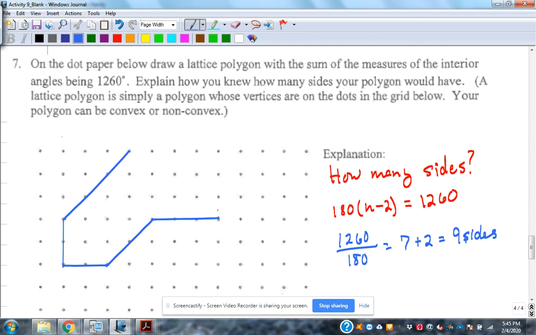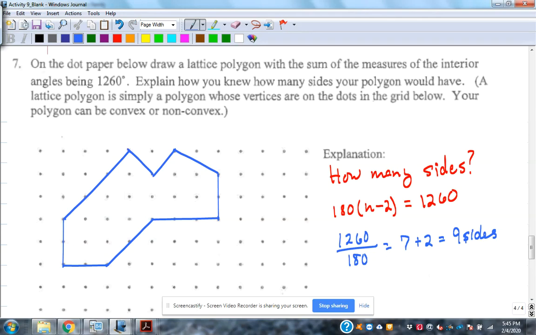Side number 5. 6. 7. 8. 9. Be creative. Make it your own.